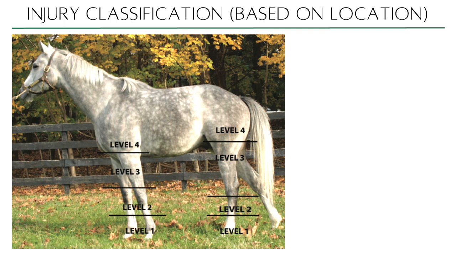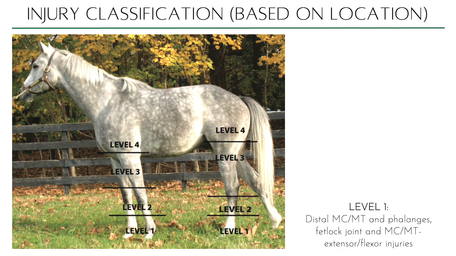So let's start with the most distal area, level 1. If the injury is found on that area, which would be the distal metacarpal or metatarsal and the phalanges, fetlock joint, and any injuries to the extensor and flexor tendons of the metacarpal and metatarsal areas.